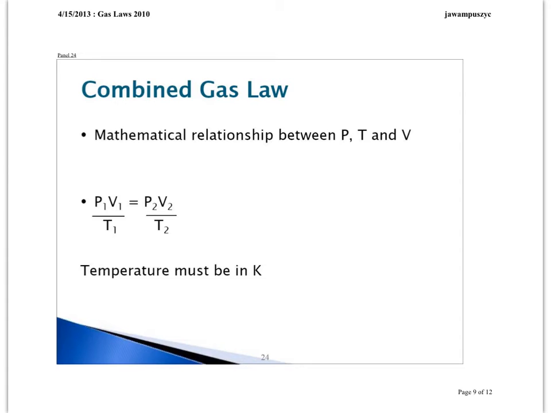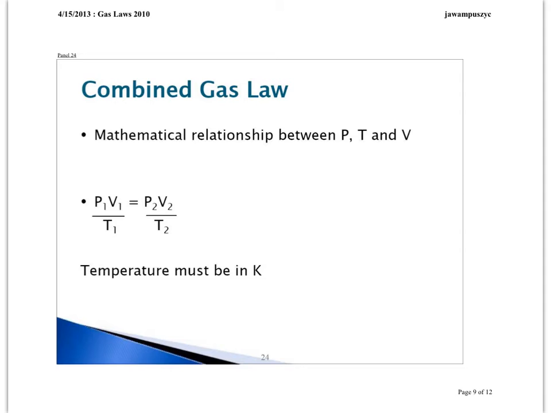So instead of using any one of those calculations individually, we actually can combine them into one equation called the combined gas law, combined for obvious reasons. It includes all three of the variables. So if you go back and look at those descriptions of the three different equations, you see that in all of them, one of these three things is being held constant.